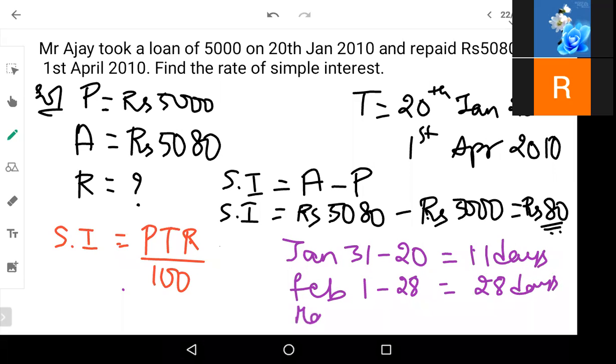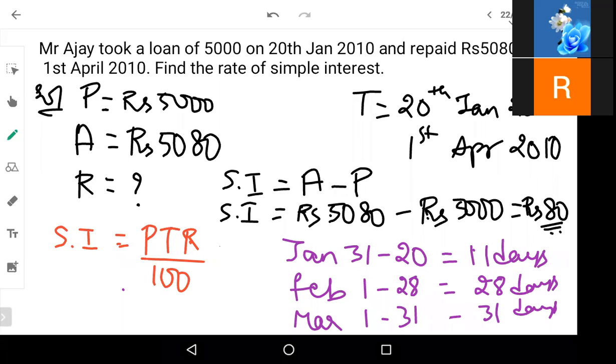Then March 1st to 31st, 31 days. Then April 1 is not considered. Since we have considered the other part, that is January, we have considered. So April 1st we will not consider. So it's only till March 31st. Now how many days did you get here? 11 plus 28 plus 31.